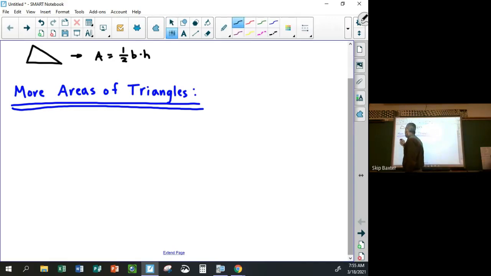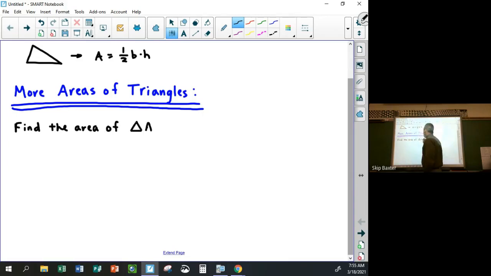So for example, what if they said, find the area of triangle ABC, and then they give you coordinates for these points, A, B, and C.